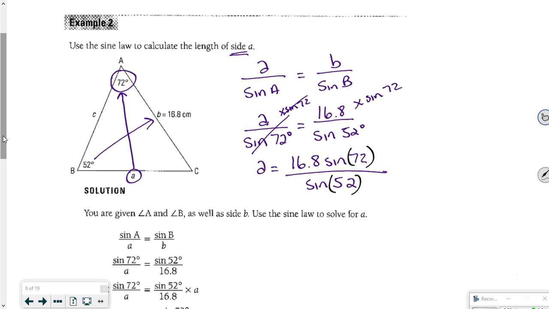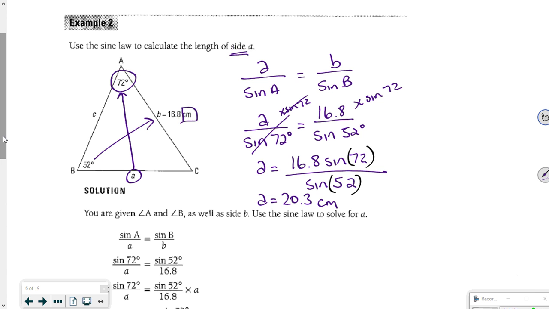If you do that all in one step in your calculator, or if you solve the top, solve the bottom, and then divide the two numbers, it's going to give you that A equals 20.3. And because we had centimeters in our original question, this is also going to be centimeters because we were solving for a side length.